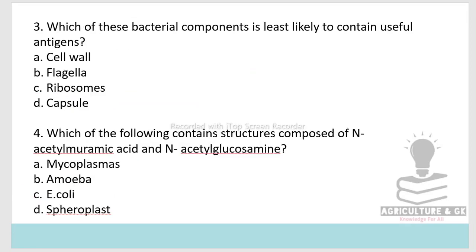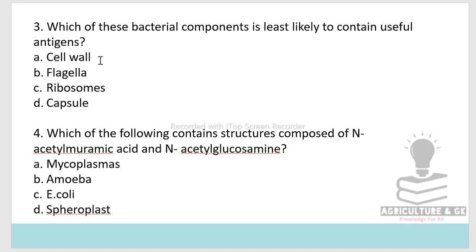Now the next question is, which of these bacterial components is least likely to contain useful antigens? Cell wall, flagella, ribosomes, capsule. So which of these bacterial components will contain less useful antigen?